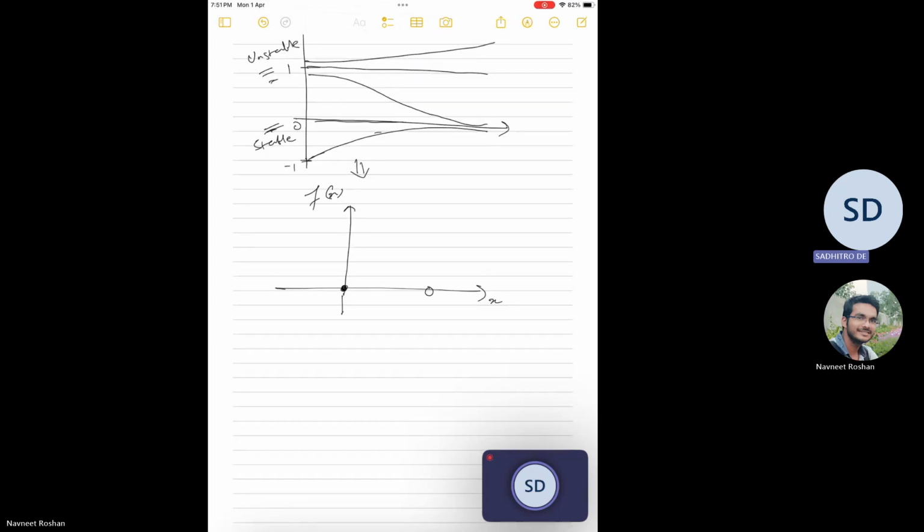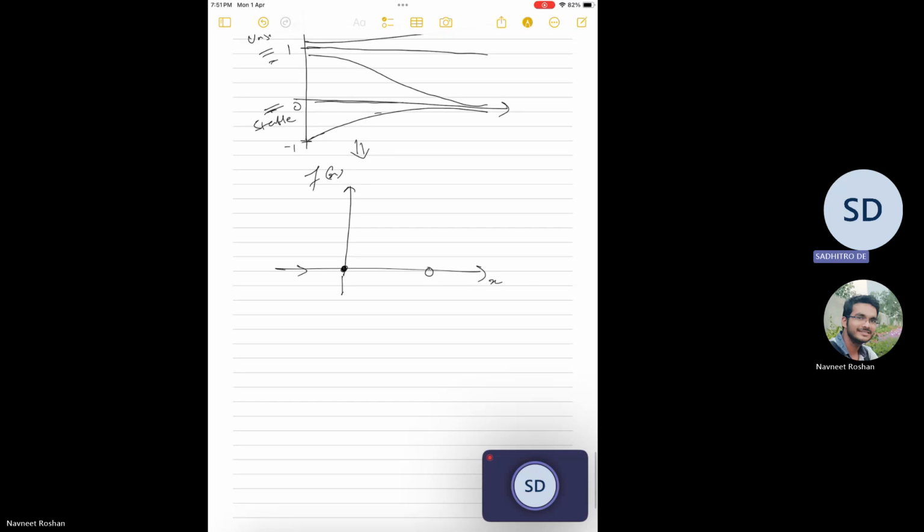So basically, this means that the flow is in this direction over here and in this direction over here. All right, that means f of x should be negative here and f of x should be positive here. So this tells us that, and another important thing is the shape of this. You see over here, here it was increasing and then all of a sudden it is decreasing like this, right?